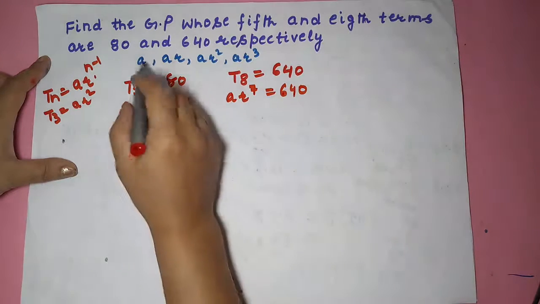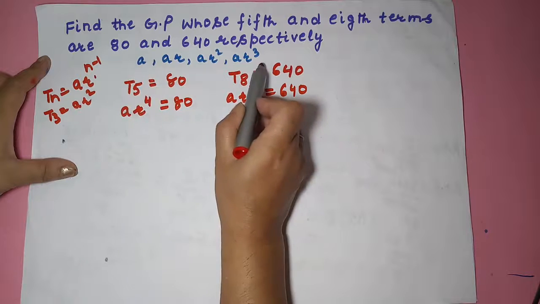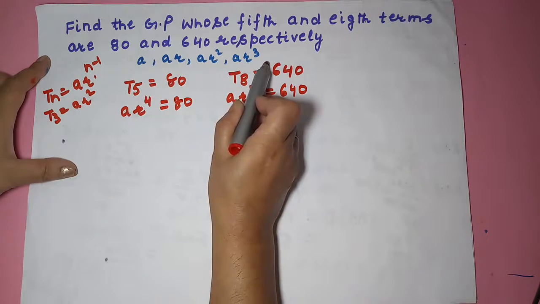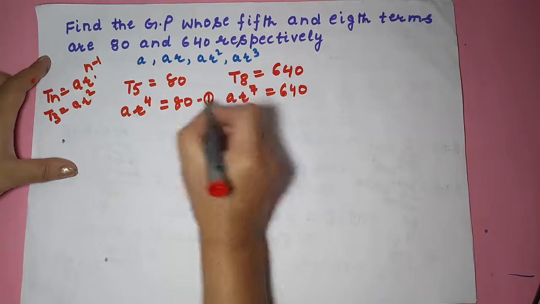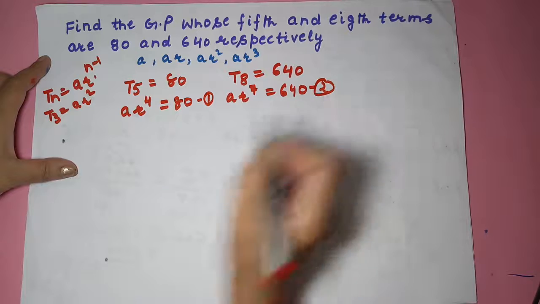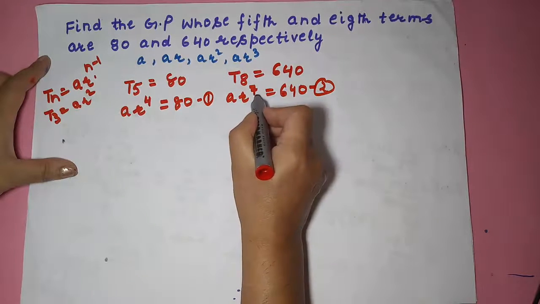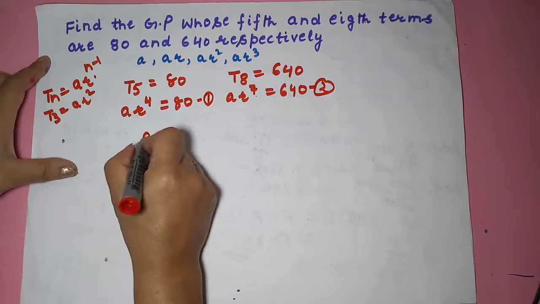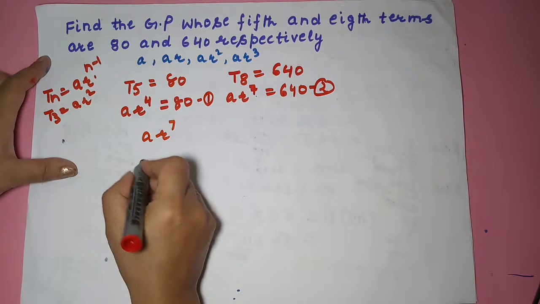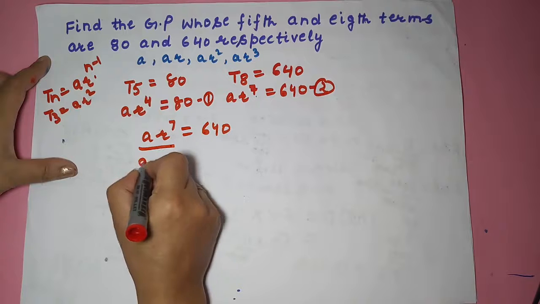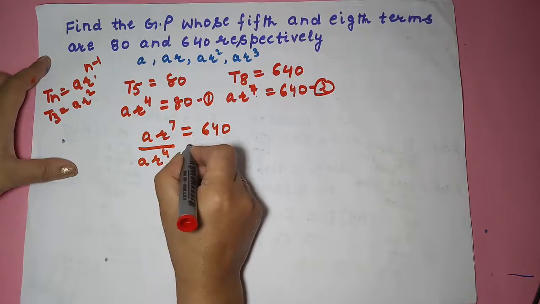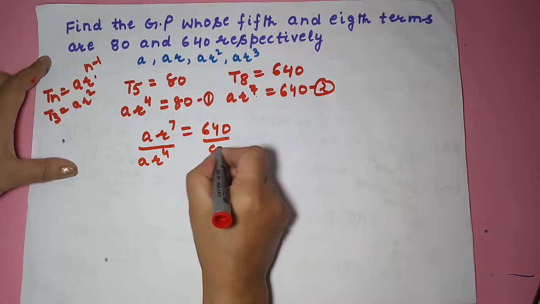In order to find the series, we need A and R, which we don't have. This is my first equation and this is my second equation. If I divide the second equation by the first, AR^7 is equal to 640, divided by 80.